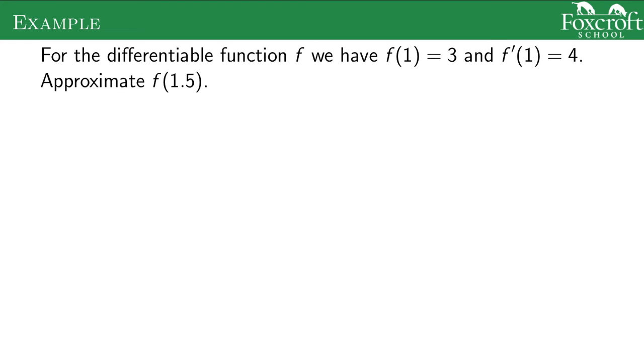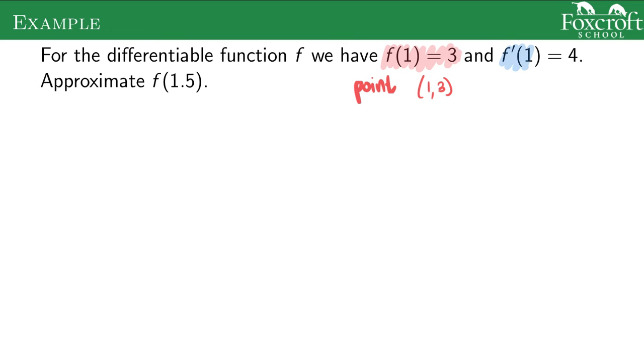All right, so for some differentiable function, again, that just means we can take the derivative of it, we have f of 1 equals 3 and f prime of 1 equals 4. First we can make our tangent line, and from this piece of information, that is our point. So the point on our graph is going to be the x value is 1 and the y value is 3.